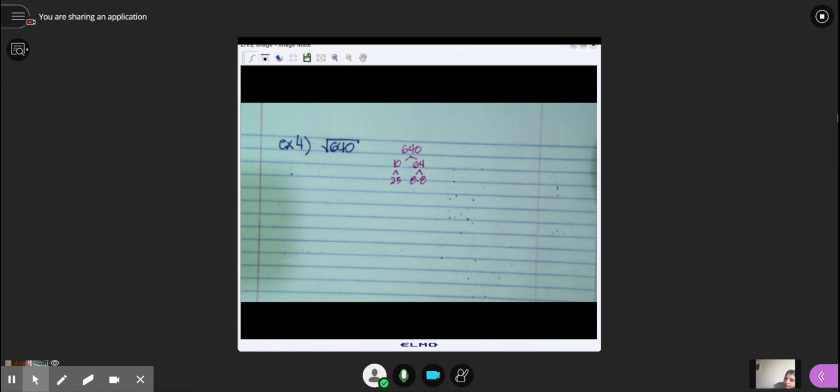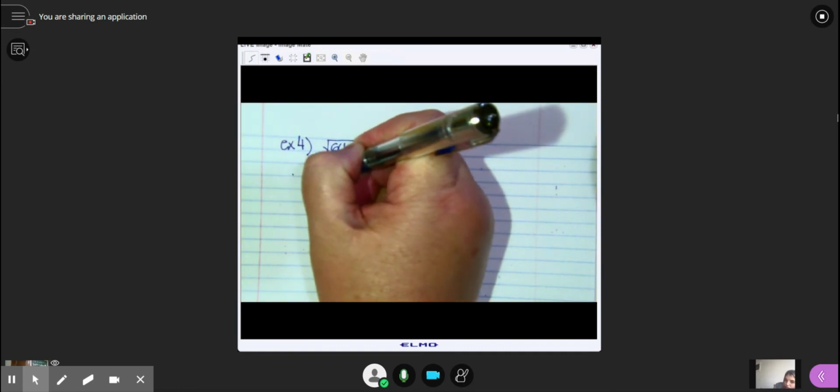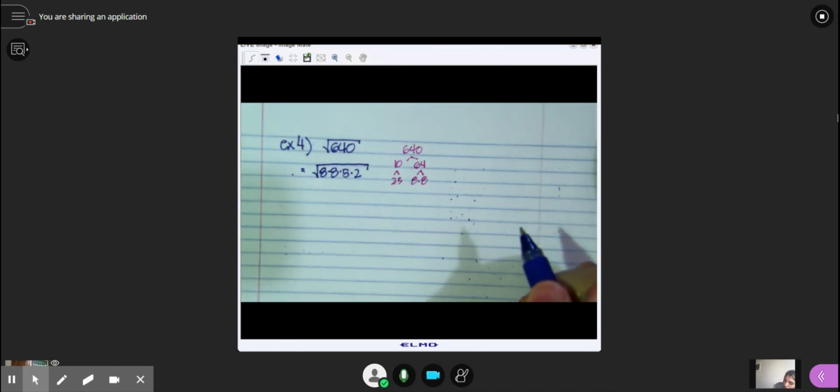So even with the prime factorization ones, when I see an obvious square root, I use it. So 8 times 8 times 5 times 2. I've got a pair of 8, so I can pull that 8 out. Neither 5 nor 2 has a pair, so they would both stay under as 5 times 2. So 8 square root of 10.